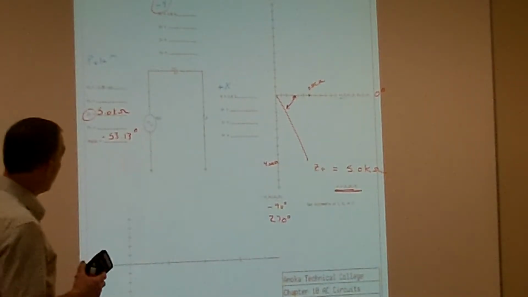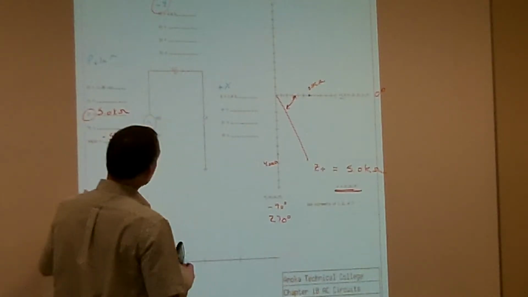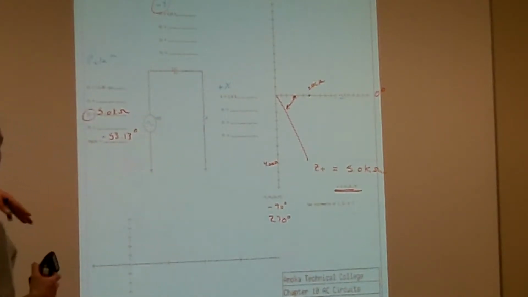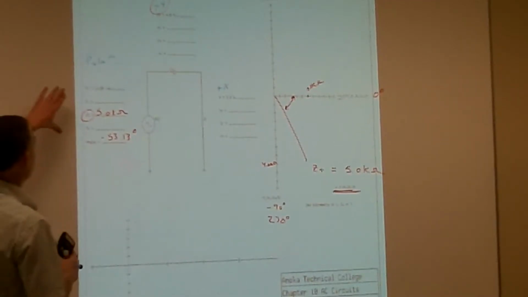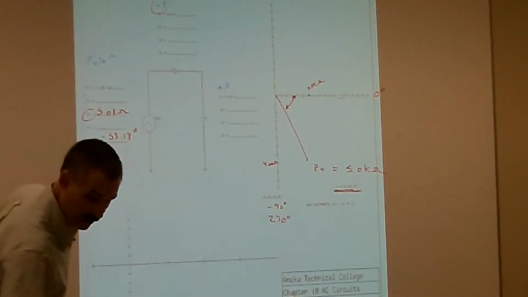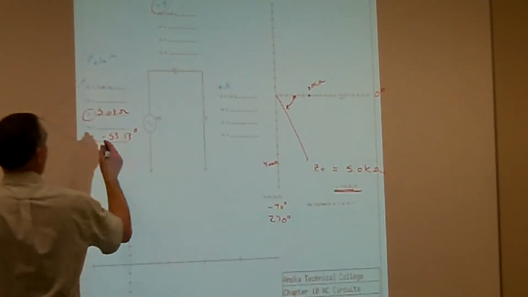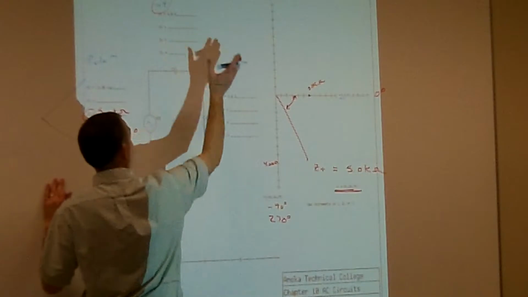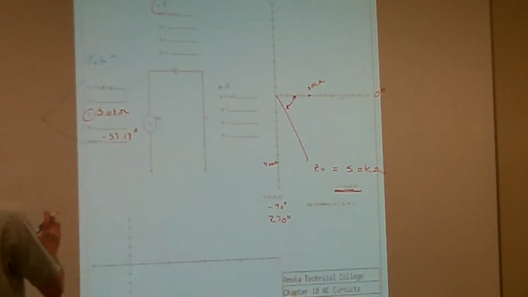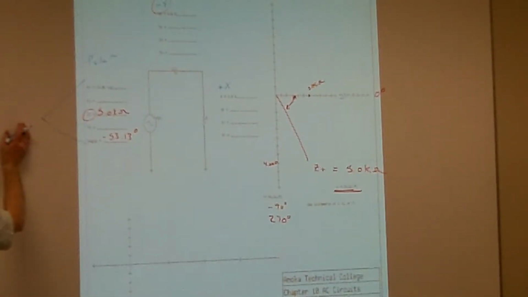All right. So that we don't think that we always have to do trig, we can also do everything as long as I'm staying within my component, whether it's my power source or my capacitor or my resistor. As long as I'm staying within that one component, Ohm's law still applies.